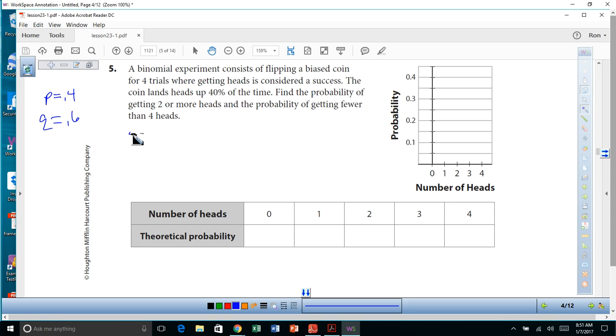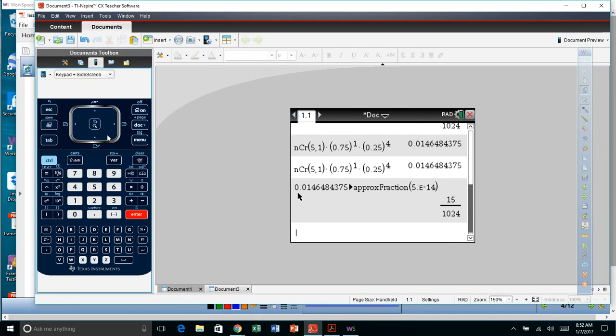Okay, so 4 choose 0 times 0.4 to the 0 times 0.6 to the 4. That would give you this first one. All right, let's try that in our calculator.